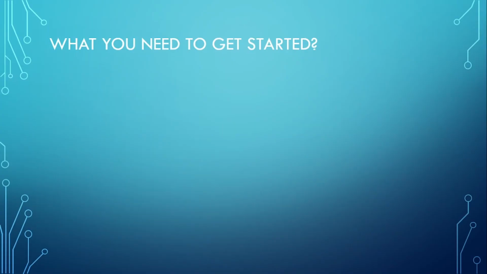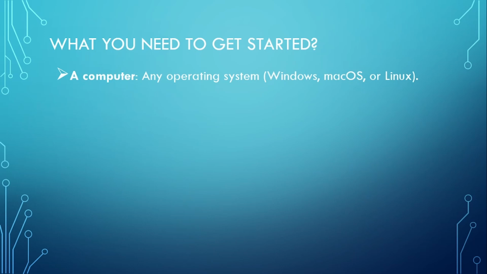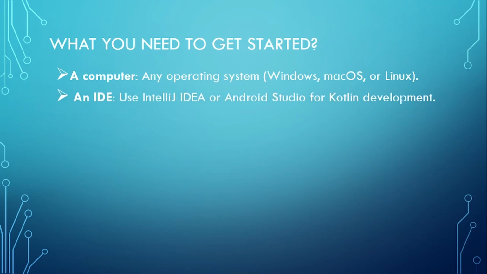What you need to get started: a computer with any operating systems like Windows, Mac OS, or Linux. An IDE. For this course, we will use IntelliJ IDE, and you can use Android Studio for running your codes and using Kotlin programming language.